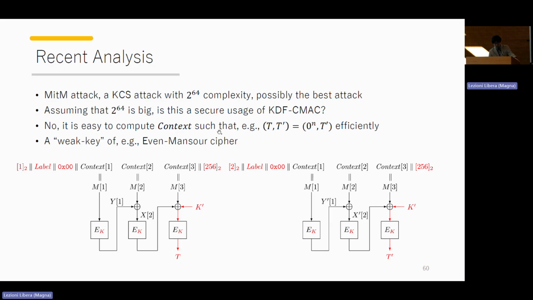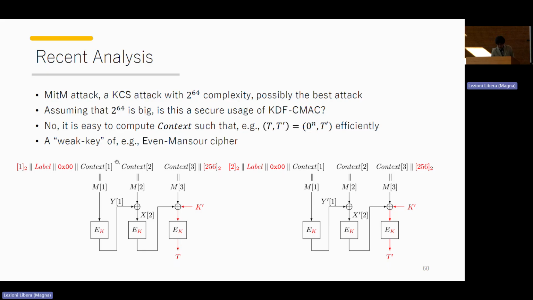because it is easy to compute context such that, for instance, the first K out, this one, is fixed to 0 bits. I mean, we just fix this one to all 0, and we can compute context 1, 2, 3, ignoring this one. And we can compute this efficiently, as we have seen.